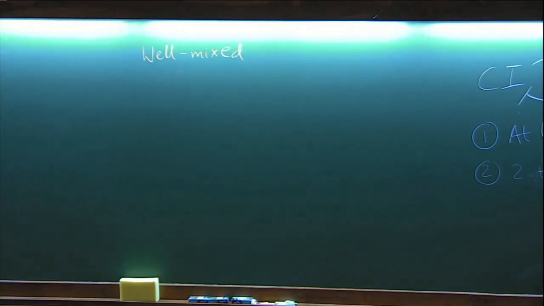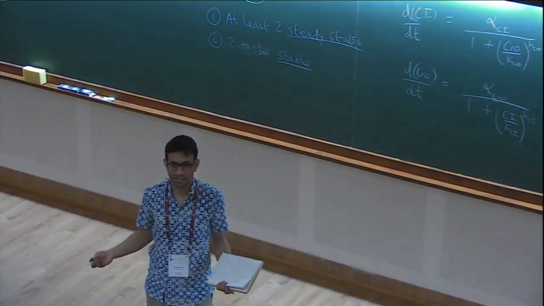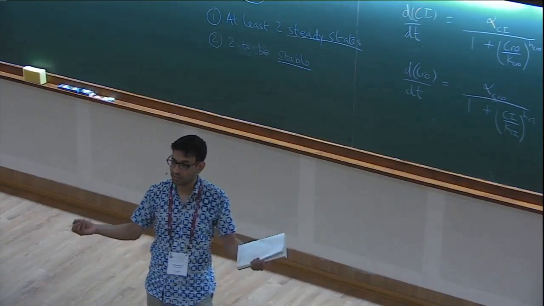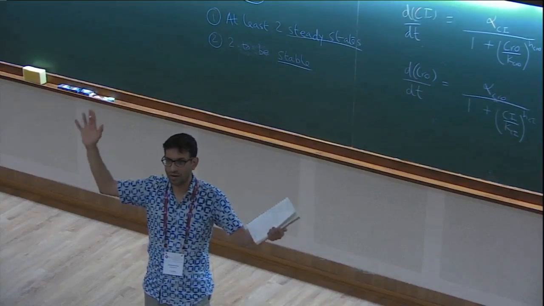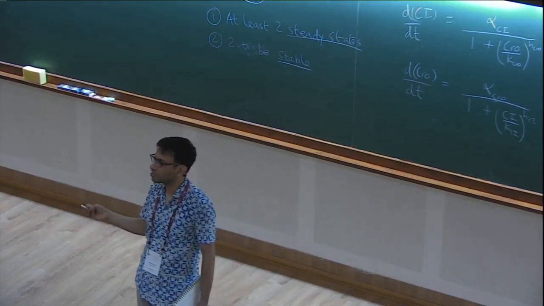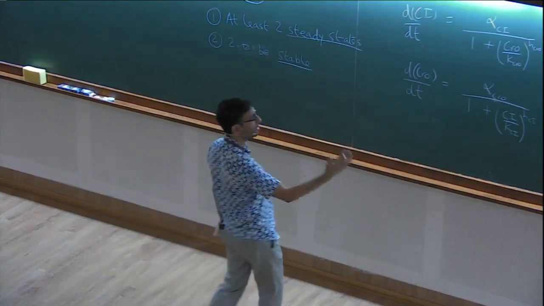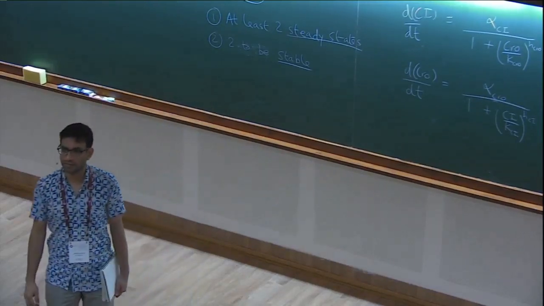I think Vijay, in his lecture, will talk a little more about situations, especially pattern formation in space, where you can't ignore space, and where the concentrations of morphogens, for instance, and their spatial localization is very important. Then you need to keep track not just of one number that represents the protein concentration all over, but you need to know at each point in space what the protein concentration is. That's a different kind of model and a different kind of representation. But here we'll stick with this well-mixed stuff.